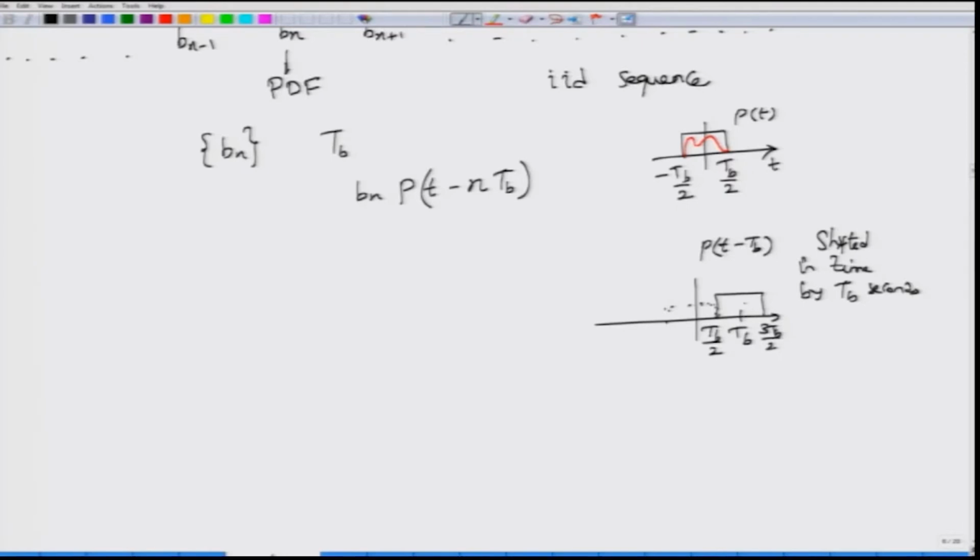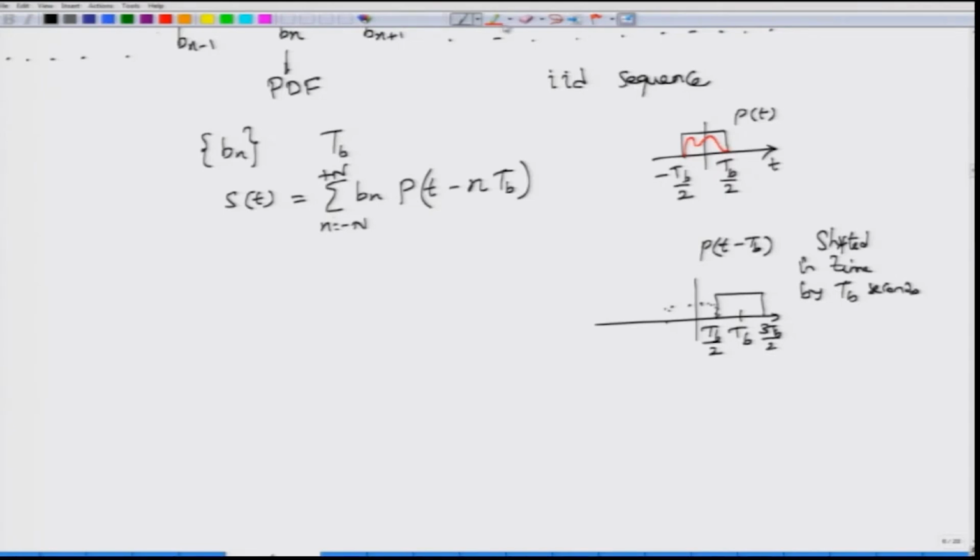Similarly, you can think of the nth time slot and you call this S of t, the transmitted signal. Of course, first let us consider a finite duration train of pulses going from n equal to minus N to plus N. There is nothing specific about minus N to plus N, you can take it 0 to N, or 0 to N minus 1, it does not matter. So, here is what I am considering.